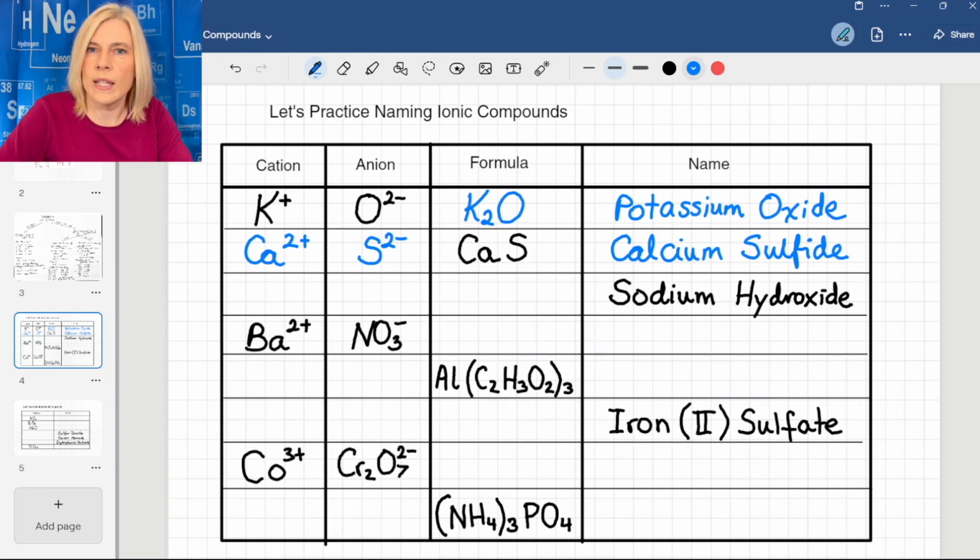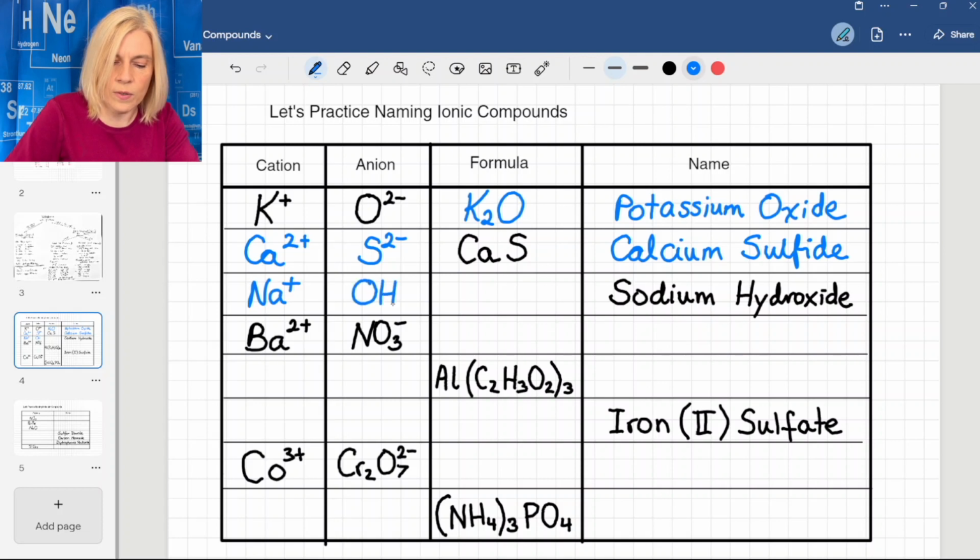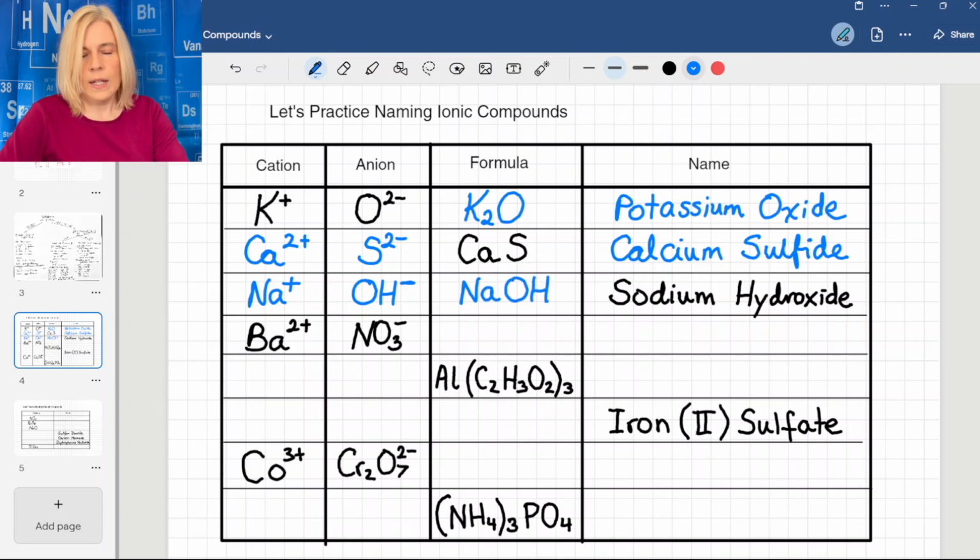Okay, let's crank it up a notch. Let's go to our polyatomic ions. So we have sodium and hydroxide. Sodium will be +1 charge, alkali metal, +1. Hydroxide is my polyatomic anion with this charge. And now we have to bring it together. Oh, it's a 1-to-1 ratio. So this will be sodium hydroxide. Okay, let's keep going a little bit. Here is barium.